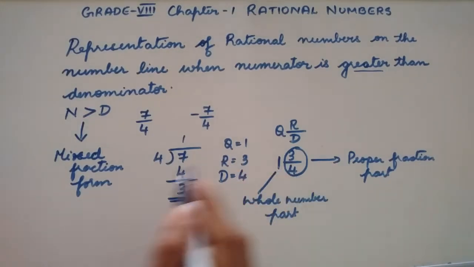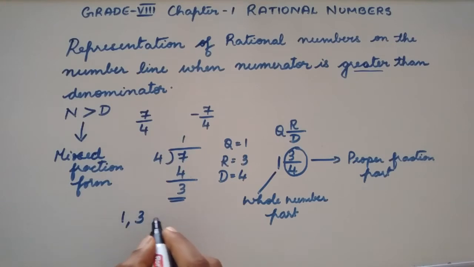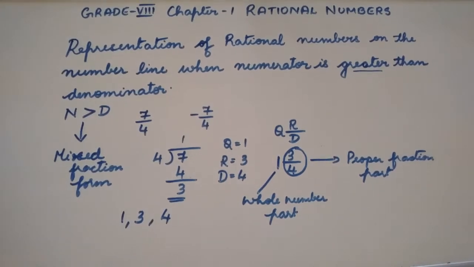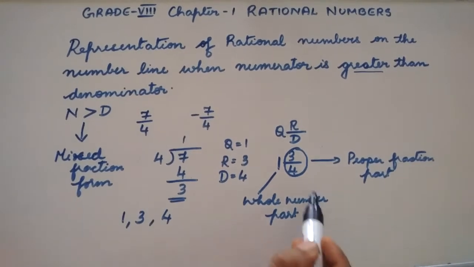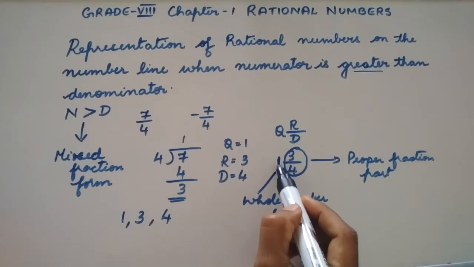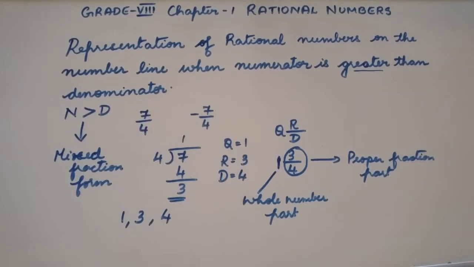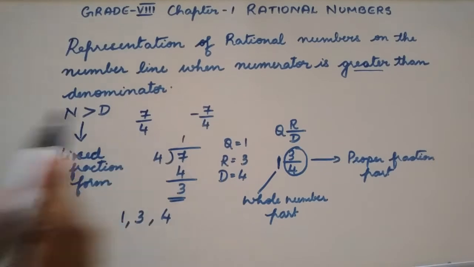Each of these numbers, that is 1, 3 and 4, tells us about where 7 by 4 is plotted on the number line. The whole number part, that is 1, tells us the position of 7 by 4.